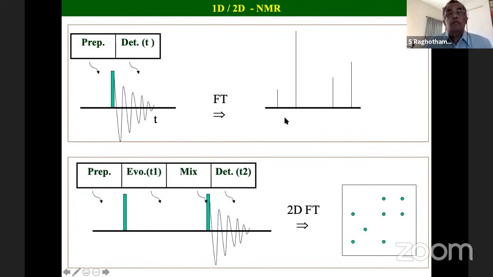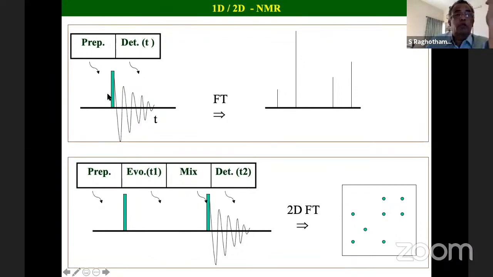To start with, as I said, we learned 1D NMR over the last 2 days. The top picture shows the simplest 1D NMR pulse sequence. There is not only one pulse, there could be many pulses. The basic experiment, as soon as you put your sample, can be divided into 2 time intervals called the preparation time and the detection time.